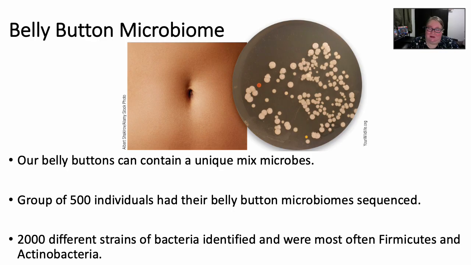This study has revealed, with these 500 individuals, over 2,000 different strains of bacteria. And the really interesting thing is that most of the strains that have been identified in this study are most often in the Firmicute and Actinobacteria phyla, which is pretty interesting.